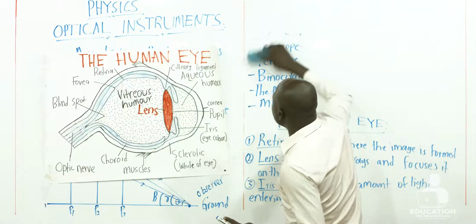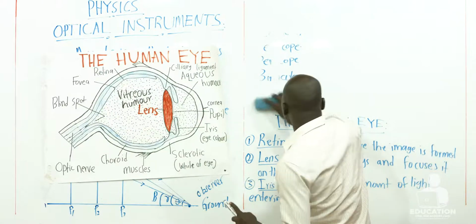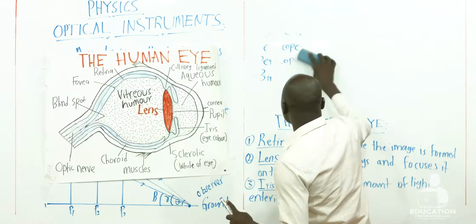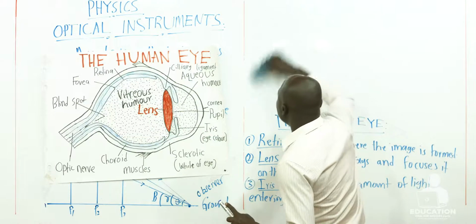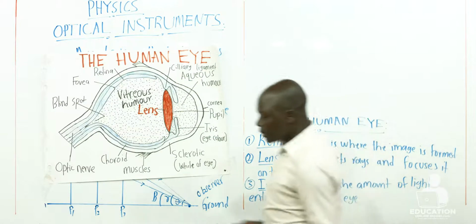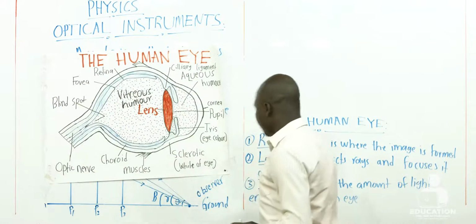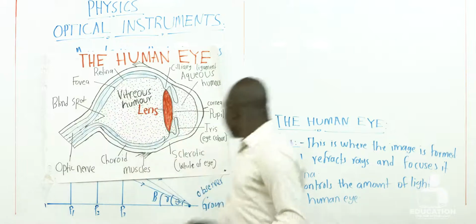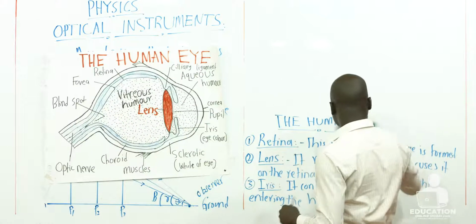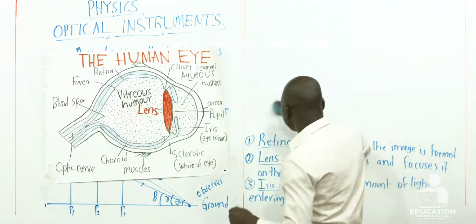When the image has been formed in our retina, the information or the message has to be sent to the brain. The part that sends the message to the brain is called the optic nerve.